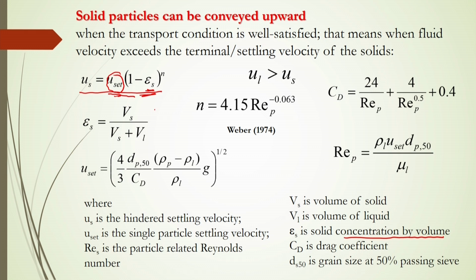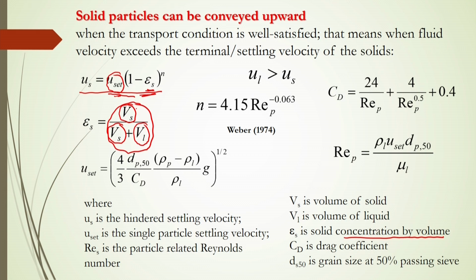This epsilon s you can obtain from the ratio of solid volume to the total volume inside the bed. So, V s is nothing but the solid volume inside the bed, and V s plus V L are nothing but the total volume inside the bed of solid and liquid respectively.